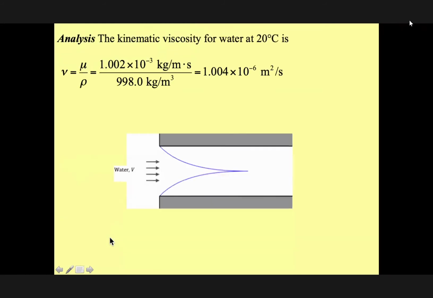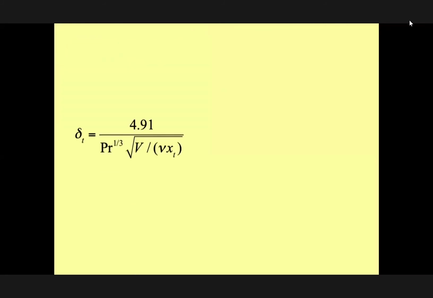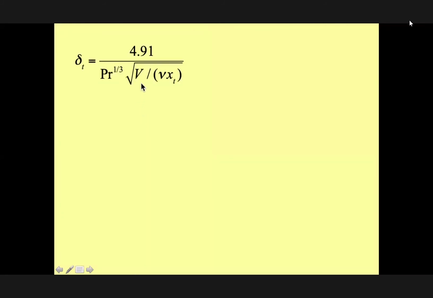I'm sorry again, but I'm going back and forth here. Therefore, you have this expression. You have the same velocity. You have the Prandtl number. You have kinematic viscosity. You have 0.5 centimeter. The unknown here is the distance from the beginning.